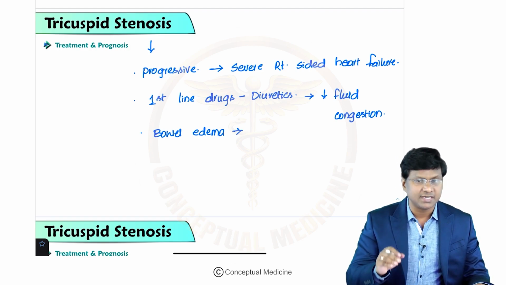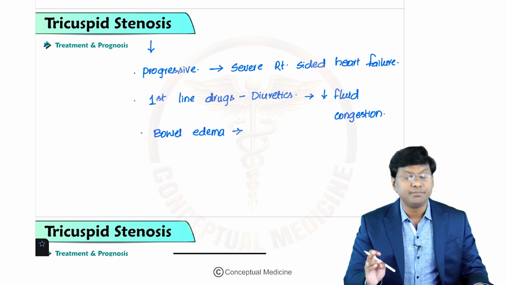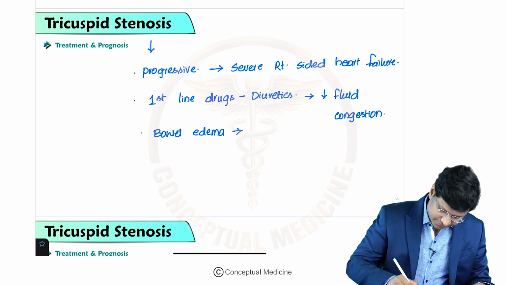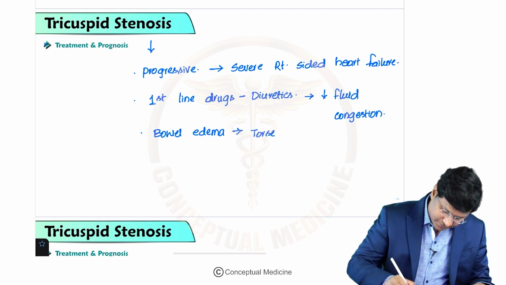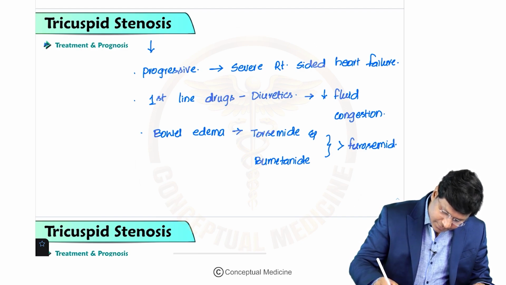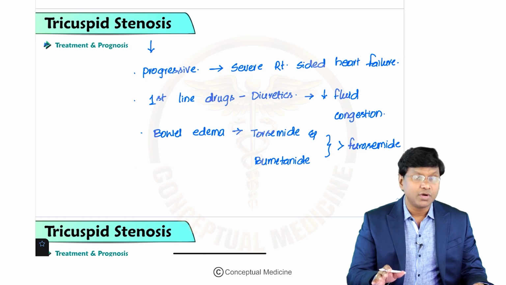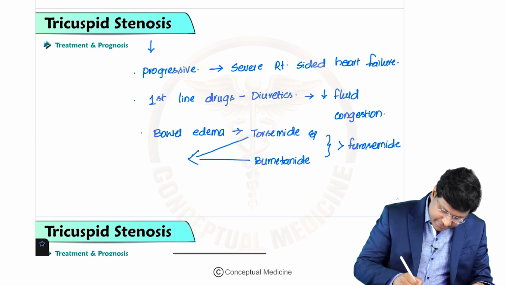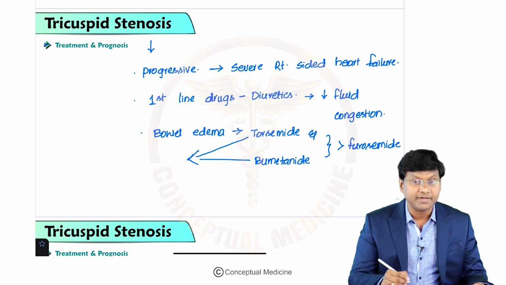So when there is considerable bowel edema, torsemide or bumetanide may have an advantage over other loop diuretics, that is, furosemide. Why are torsemide and bumetanide preferred compared to furosemide when there is bowel edema?